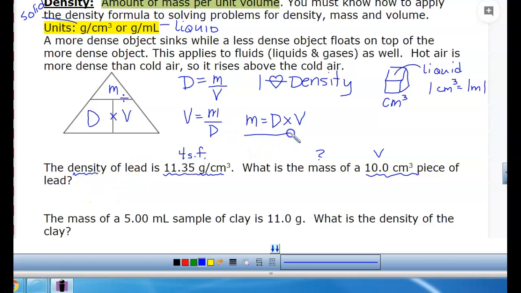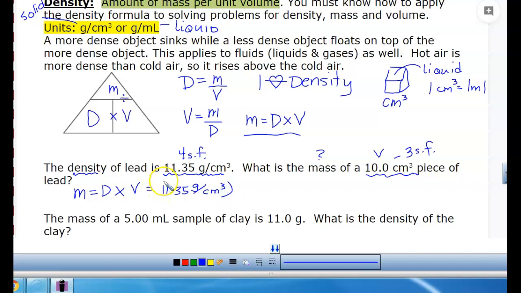So we're going to use this equation right here: mass is equal to density times volume. So I'm going to have my density. Oh wait, I didn't finish here because I forgot to say that the 10.0 is actually 3 significant figures. Okay, so that's going to be important for us later. So our density is 11.35 grams per centimeter cubed.